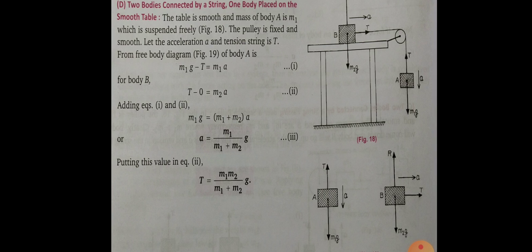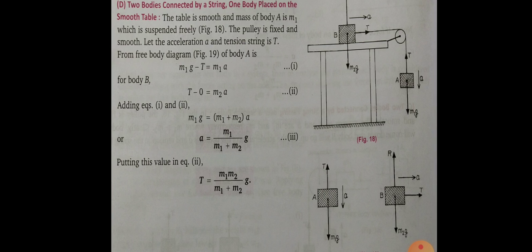Tension in the rope is T. Suppose body A is coming down, so weight of the body m1g is more than tension, so resultant force downwards is m1g minus T. And if acceleration is A, then m1g minus T is equal to m1a, as shown in equation 1.